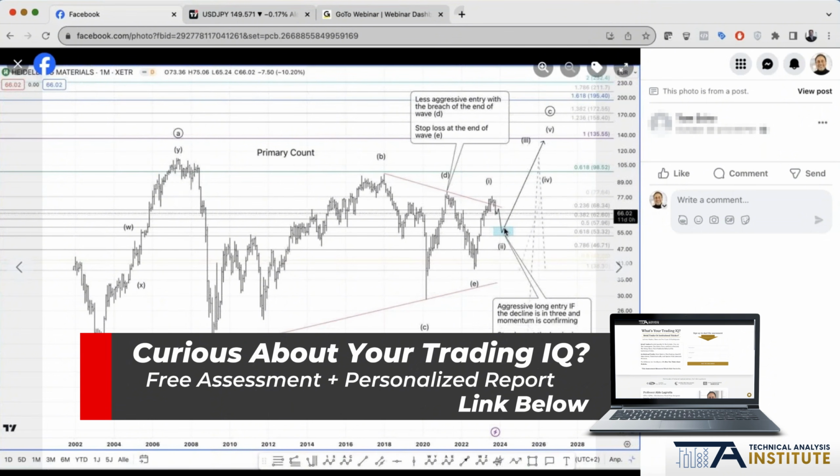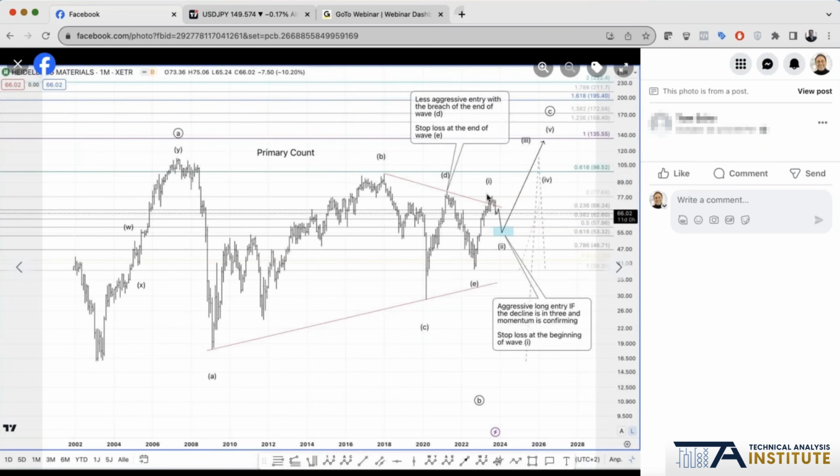So this could easily take more than 6 months. Why? Well, because it's a corrective structure and will take longer than it took this one to develop. So you have to consider that and then think of the possibility of going short, looking for this, because you have some context there, right?